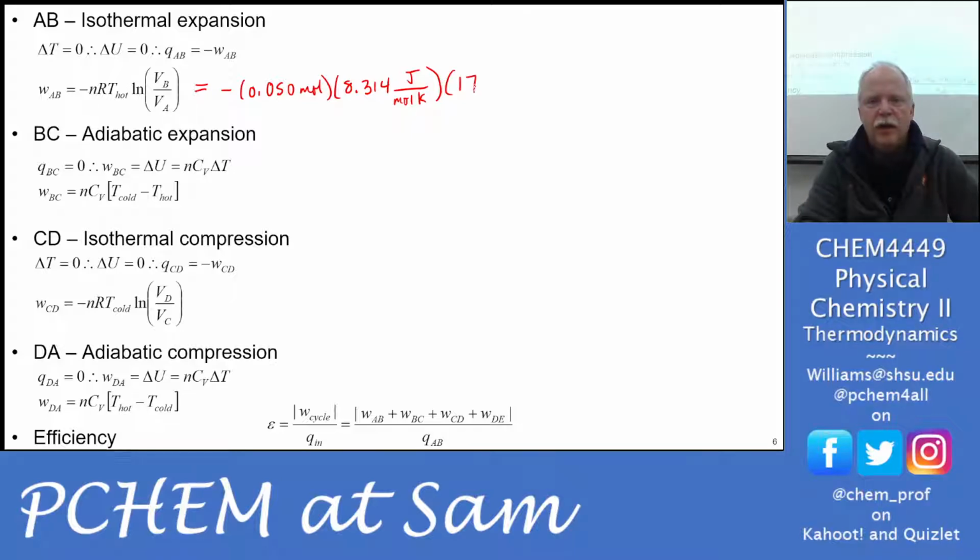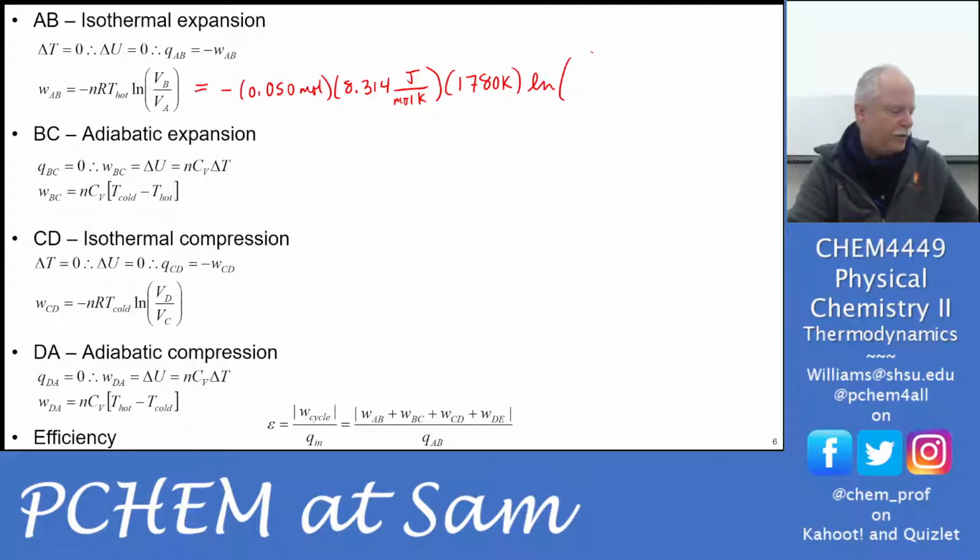I don't know why I can't remember that number. So there's the NRT, natural log. So VB is 3.73, and BA was 0.888.